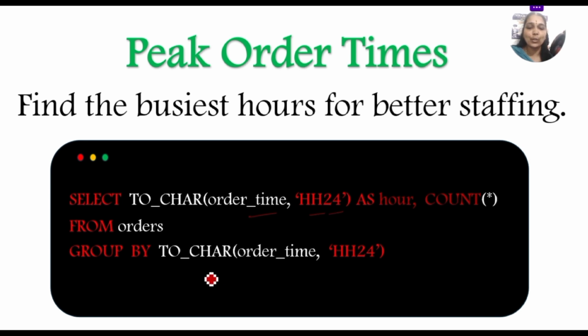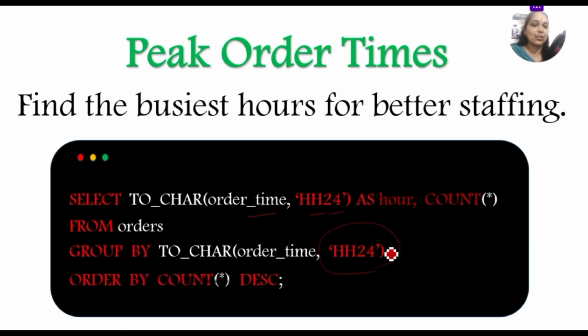Group by to_char of the order time HH24. This is very important. From this we can get the busiest hours of our database. Whether we sort the count ascending or descending, no problem. We will get the ascending order and the descending order by using the order by.